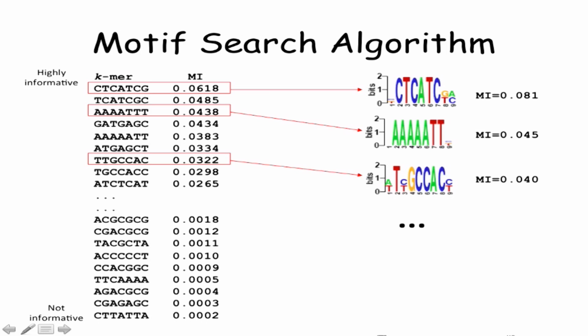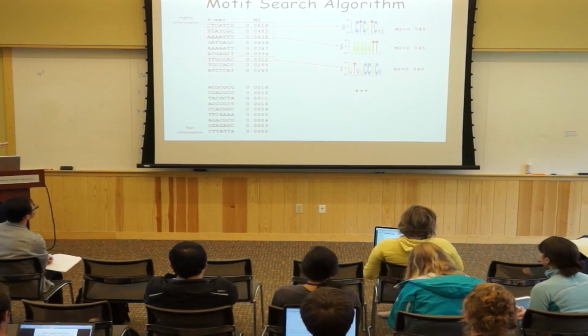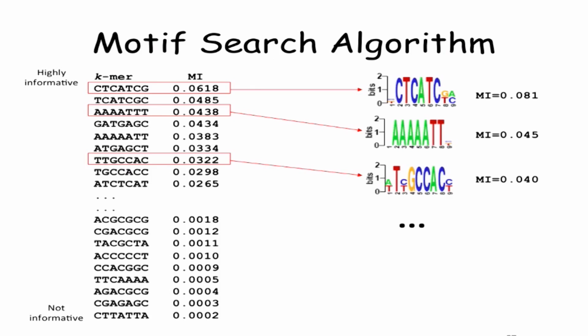So the point is that we can take these k-mers and essentially mutate them in such a way that we get more reliable, more accurate, and most importantly, more informative versions of the same motifs. It's just better representations of the motifs, and we do this by trying to improve the mutual information even more by making point mutations in these k-mers and trying to get to weight matrices.